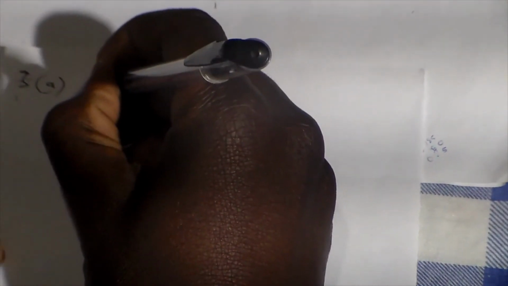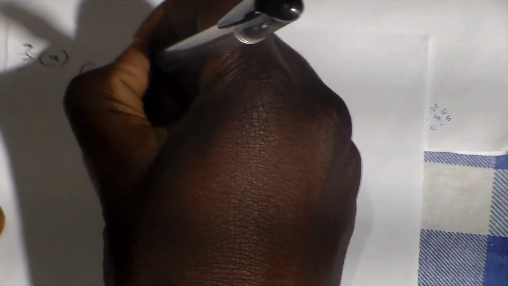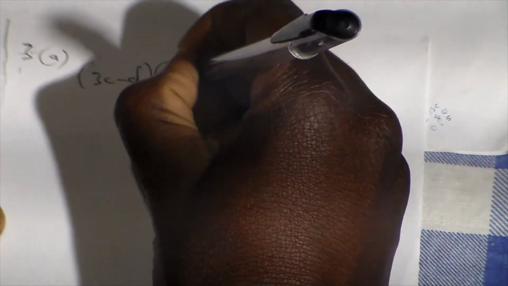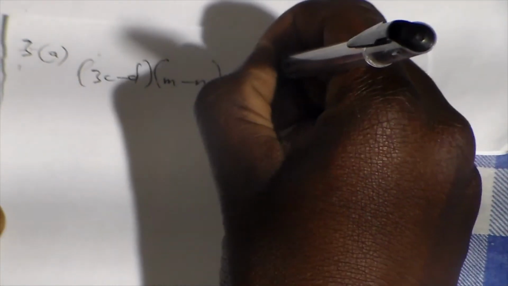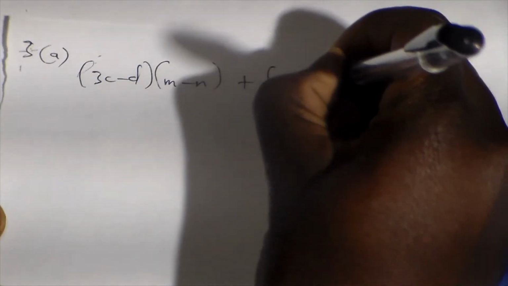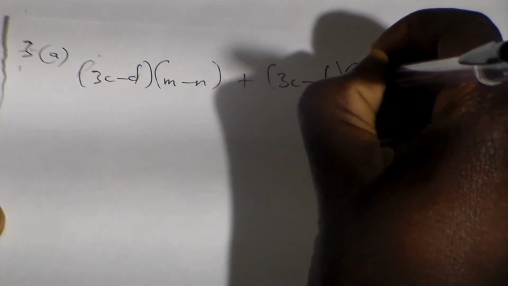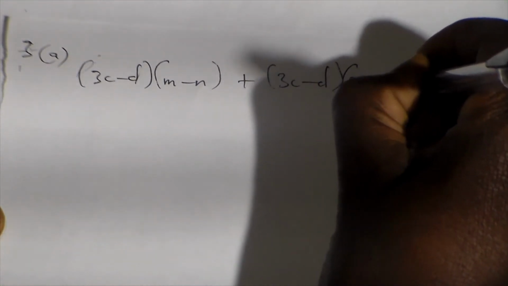Getting on to question number 3, it is saying remove brackets and simplify. So we are saying 3c minus d, m minus n plus 3c minus d, 2m minus 3n.